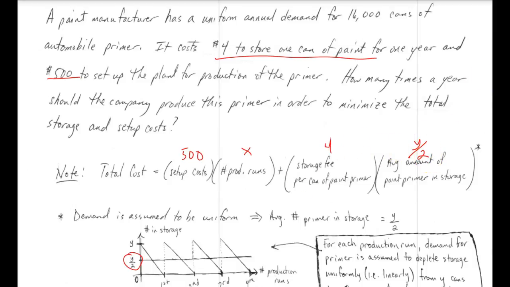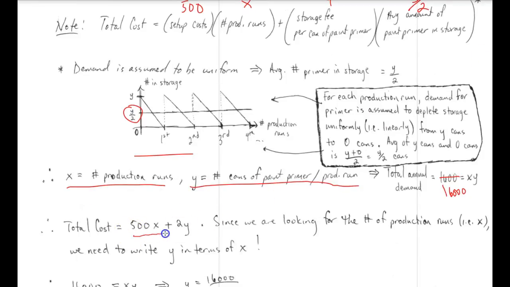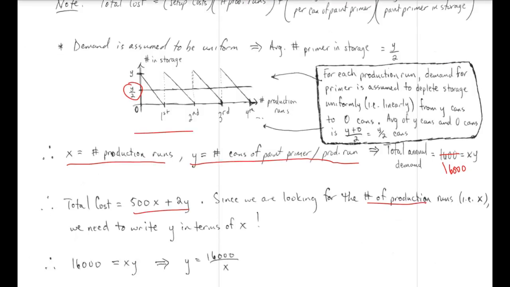So that's how we end up with total cost is going to be 500x plus 2y. Okay? And so since we're looking for the number of production runs, we need to write y in terms of x. Okay? So we're looking for that. So everything needs to be in terms of production runs so that we can find that.